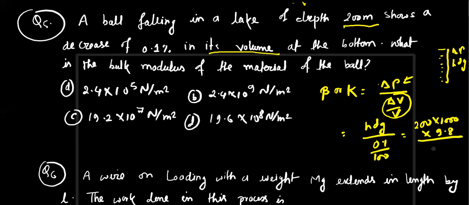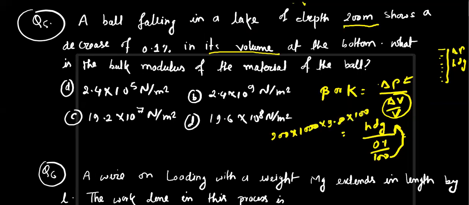Okay, so I'm going to write 200 times 1000 into 9.8 into 100 divided by 0.1.